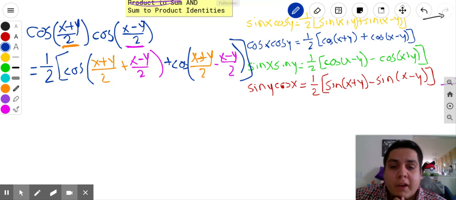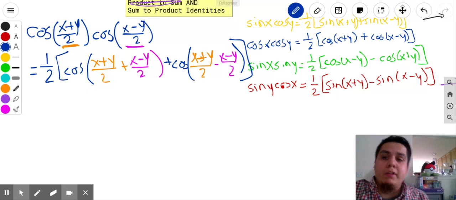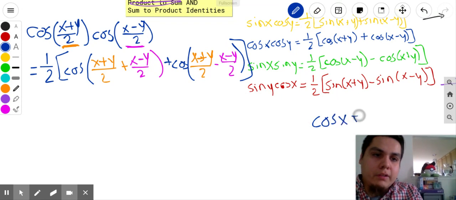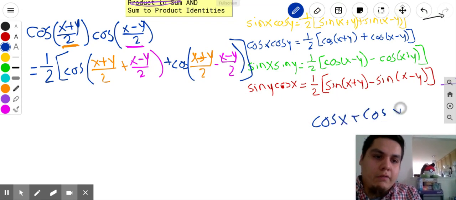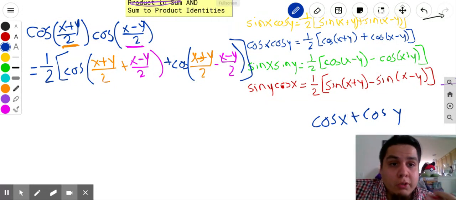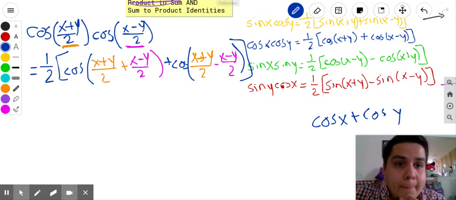Now I'm going to simplify because at the end, what I want to know is what cosine of x plus cosine of y should equal. That's my sole purpose right now.